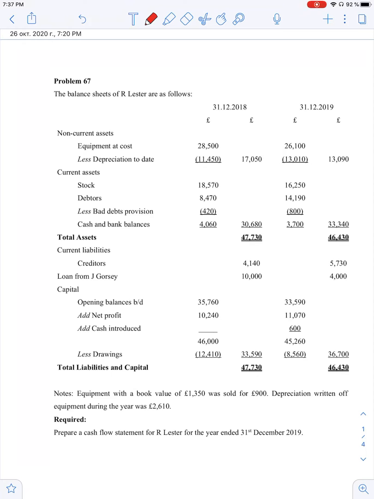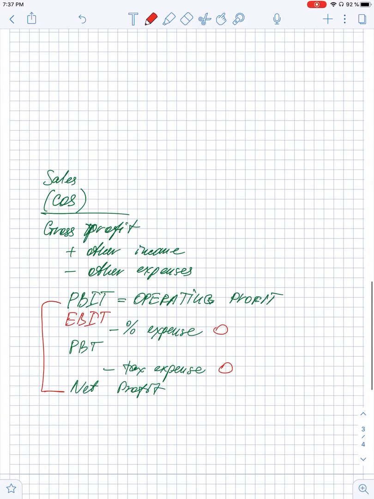Let's look at our problem. Let's find something which is similar to tax or interest words within the given information. I cannot find. Can you? Since we are not given any information about interest expense and tax expense, we assume net profit to be equal to PBIT, because we have just justified that net profit would be equal to operating profit if there is no tax expense and no interest expense.